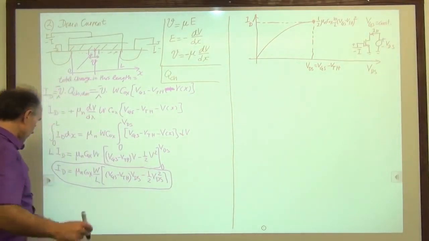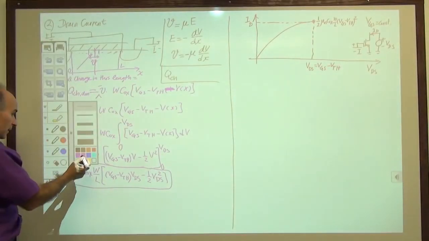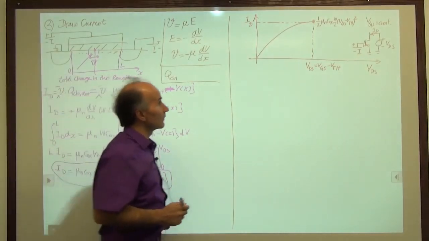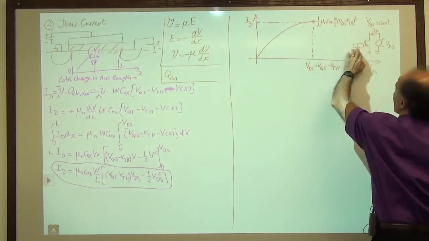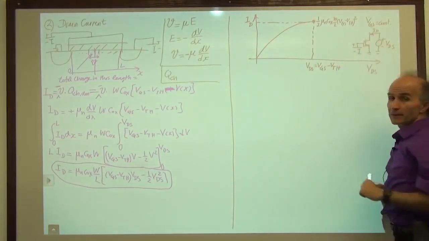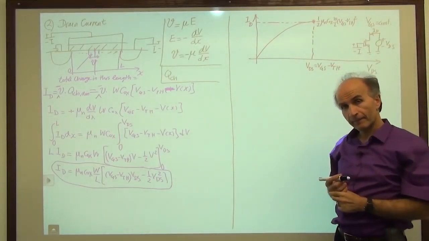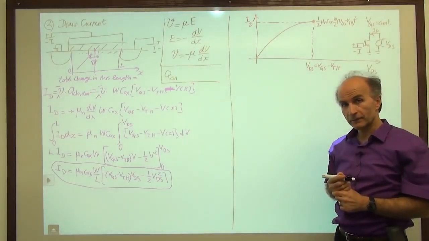Okay. So let me ask you the following question by changing the color to blue. Let's suppose that we had some VGS, maybe 1 volt, and we got this characteristic. Now, what if we pick another VGS, let's say 0.8 volts, a little less? Then how does this plot change?